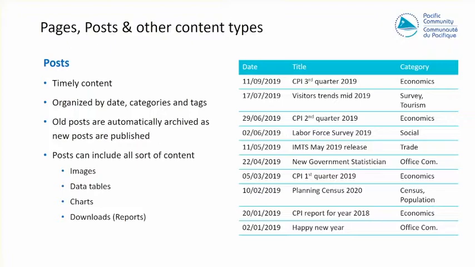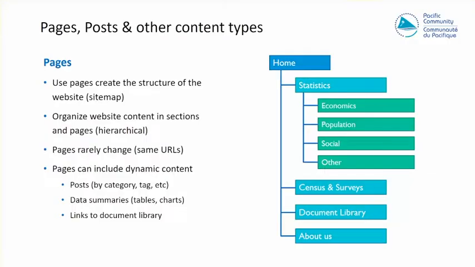So the idea is that if we want to find out what are the latest updates on economics, I could add a category CPI, then I'll just filter all the posts by economics, and I see all the latest posts for CPI in this case.